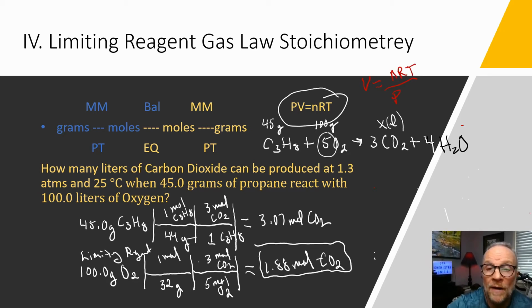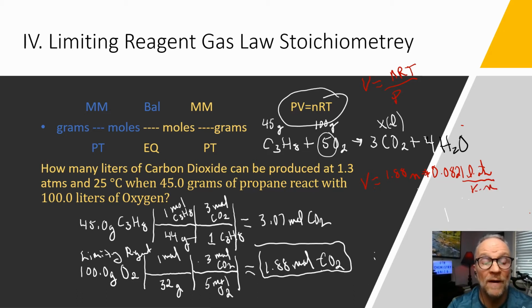So our n value is equal to 1.88 moles. Our R is constantly 0.0821 liter atmospheres per Kelvin mole. And our temperature here is given as 25 degrees C, which is 298 K. Should have that one memorized by now, right? That's a pretty common temperature.